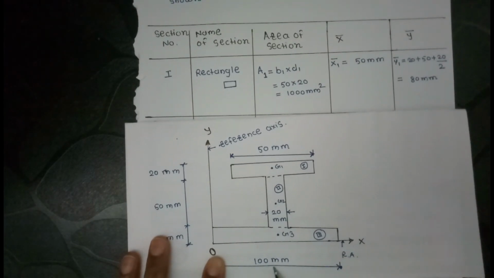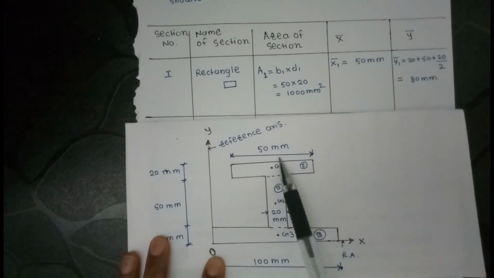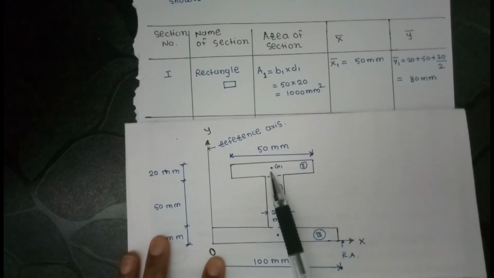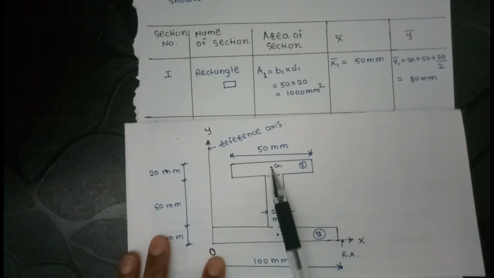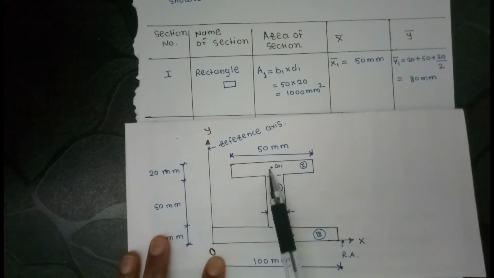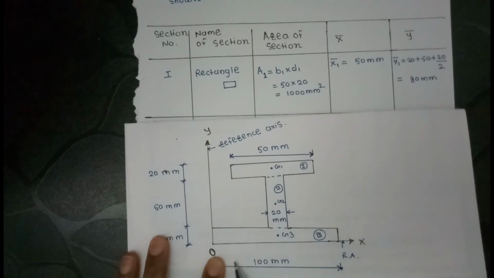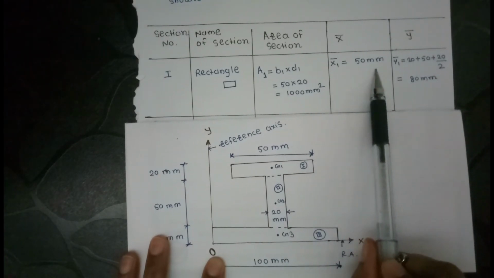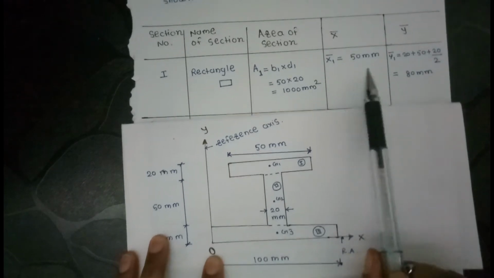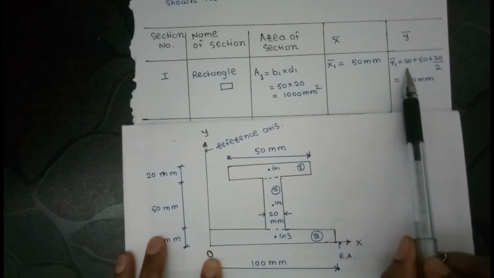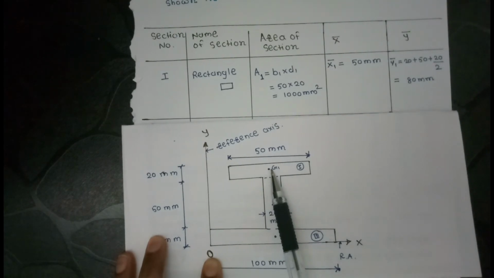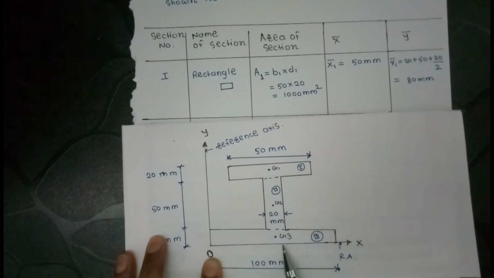This is the total 100 mm. So x bar is equal to b by 2. X bar is equal to b by 2 means 100 divided by 2 is equal to 50 mm. This is the 50 mm. Then calculate the y1 bar. Y1 bar means distance between point G1 to base of x-axis.